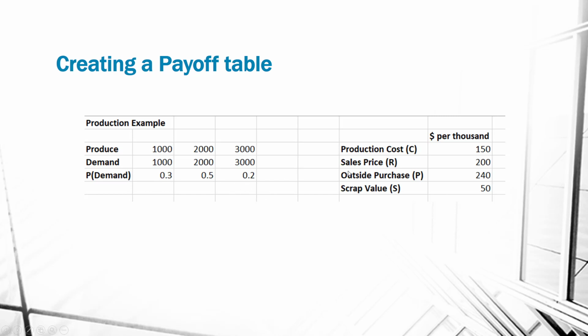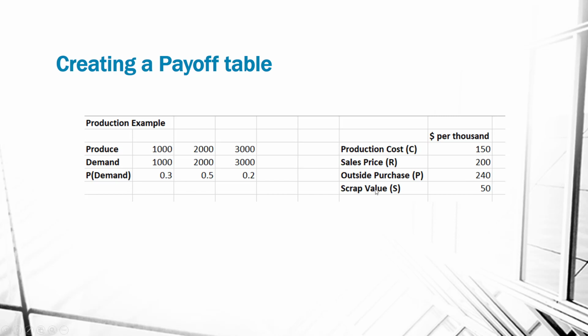And associated with this, we also have production cost, which would be $150 per 1,000. Sales price, 200. Outside purchase, in other words, if they don't make enough, they would have to go outside and make this purchase to be able to meet the demand.